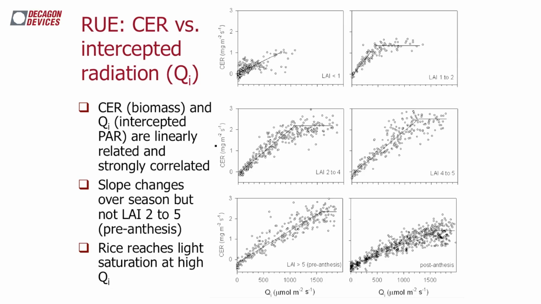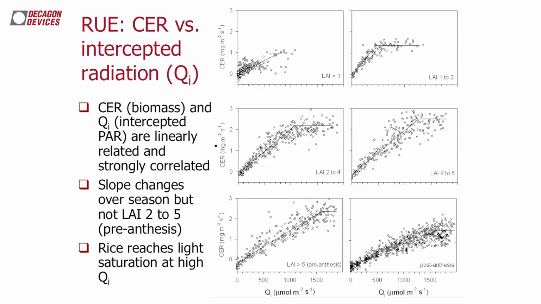And what we wanted to know was, are these lines statistically similar or different? What we found was, up to this post-anthesis point where you really saw that drop off, our radiation use efficiency was very similar. Those slopes were not statistically different. So we found that we could use, essentially for the bulk of the growth of this crop, the same radiation use efficiency value to predict biomass.